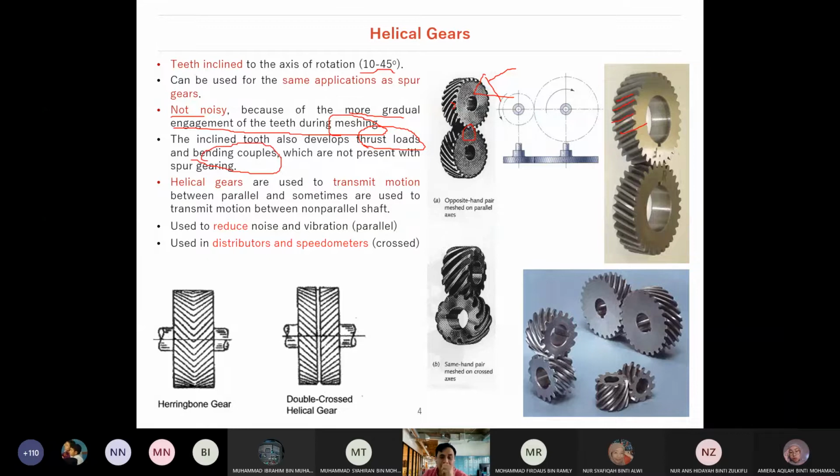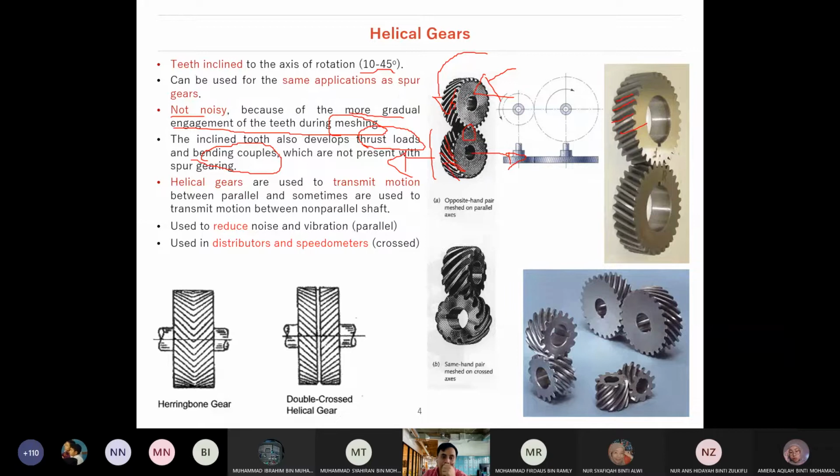So I want to ask, is thrust load good or not good? What is a thrust load? Thrust load means if you use this kind of helical gear, the gear will move along the shaft. It will move. We give the torque in this direction, and it usually moves left or right depending on the orientation of the teeth, basically the inclination of the teeth.